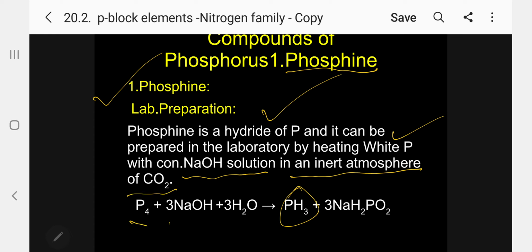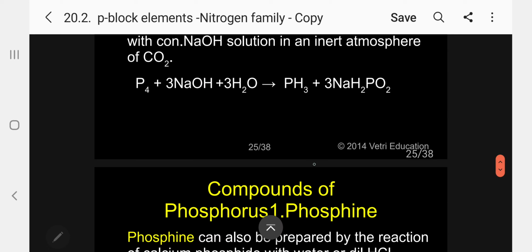White phosphorus heated with concentrated sodium hydroxide solution and water in an inert atmosphere of carbon dioxide, phosphine is produced. So we are getting now 3 moles of sodium dihydrogen phosphate. Kindly follow. This is the laboratory preparation.